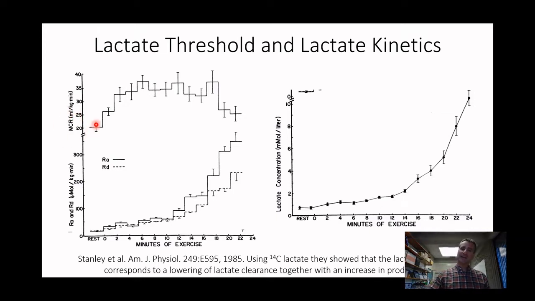Now we can take a look at the classic study that says, here's lactate. It goes up linearly as we increase exercise intensity, but then at a certain point we leave the linear relationship, and there's really a couple of lactate thresholds. You can see there's one here where, at 14 minutes, they start to go up off of that linear increase.